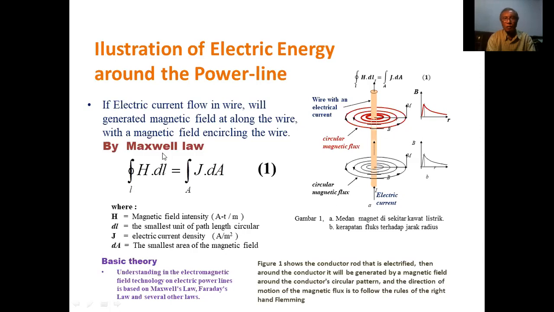By Maxwell's law, simply said, the integral of the H intensity of the electromagnetic field is equal to the area integral of the density of current flow in the wire.